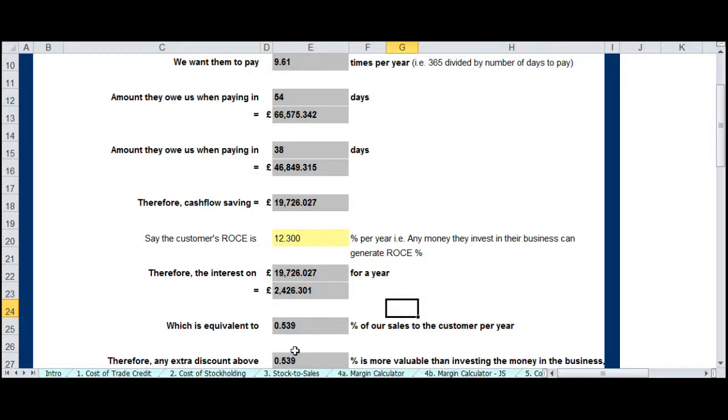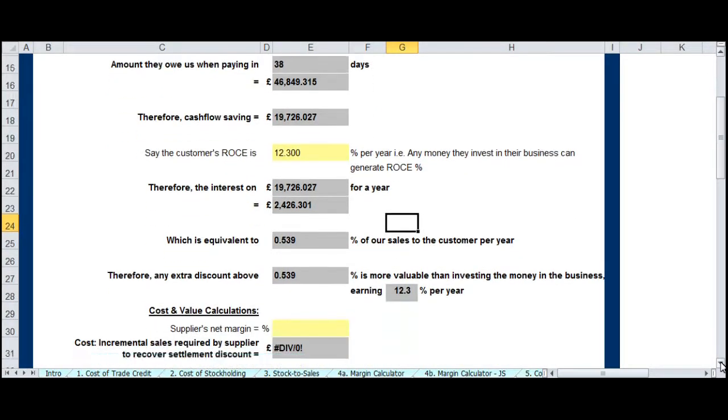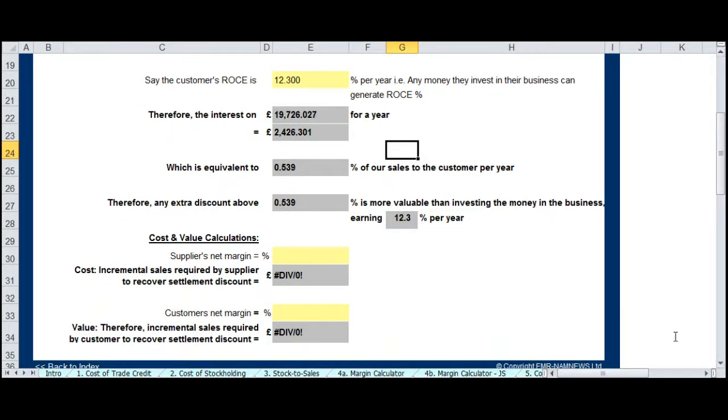So in other words, if you gave them 0.6%, let us say, it would be better and thereby more attractive than them keeping the money. In other words, they prefer to give it to us for the extra money. Okay. So basically we can now examine the real cost to us of that money, because we're talking about £2,426.